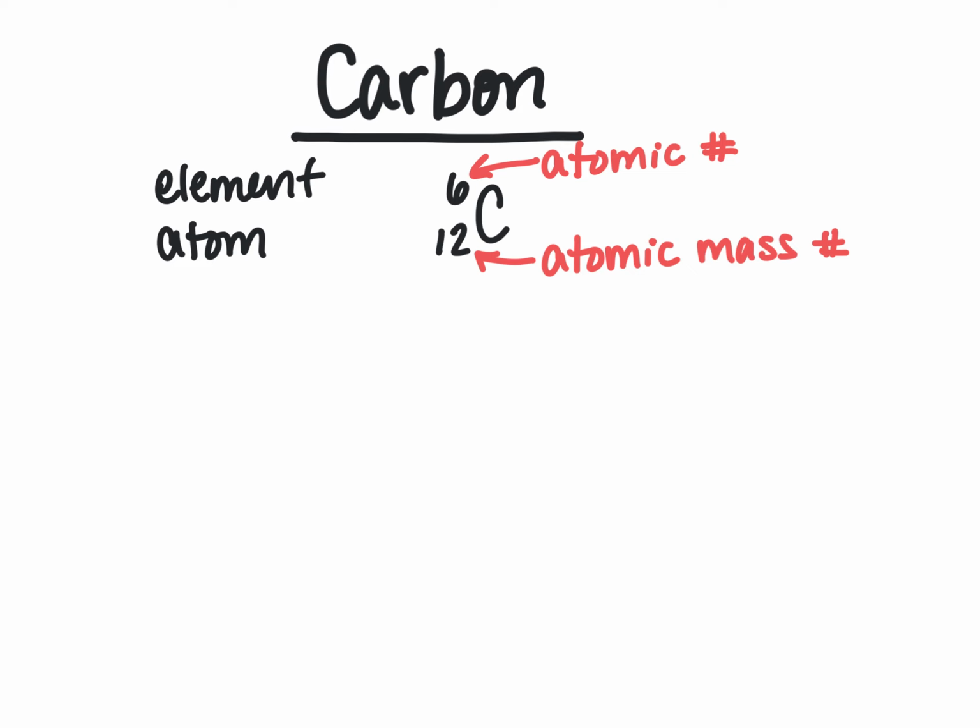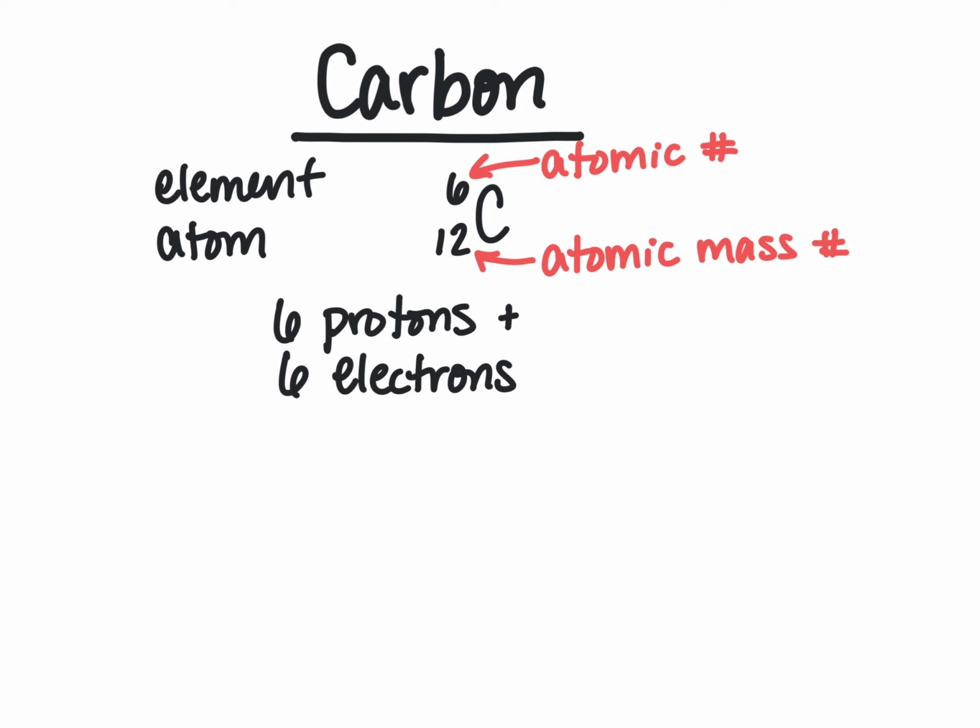So first of all, the atomic number tells us that carbon has 6 protons and 6 electrons. And remember that protons are the positively charged subatomic particle, and electrons are the negatively charged subatomic particle. We get both of these numbers from the atomic number.